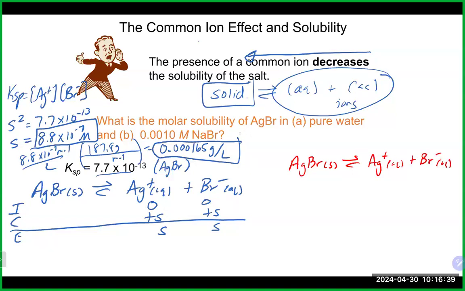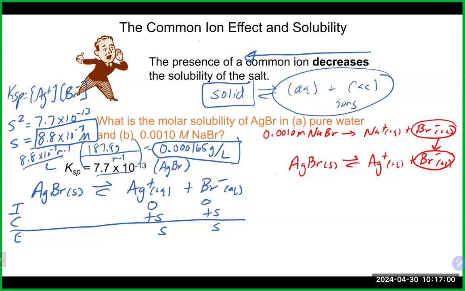But now we are adding 0.001 molar sodium bromide, which is a salt that will break apart into a sodium ion and a bromide ion. And as you could probably imagine, it is the bromide ion here that is our common ion.